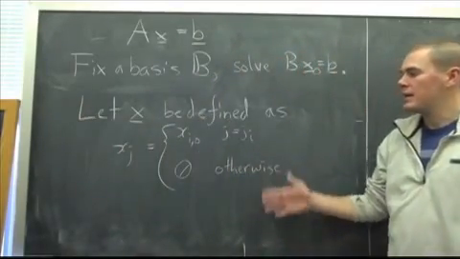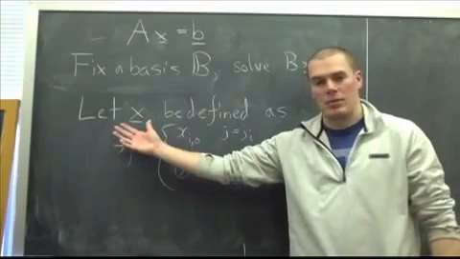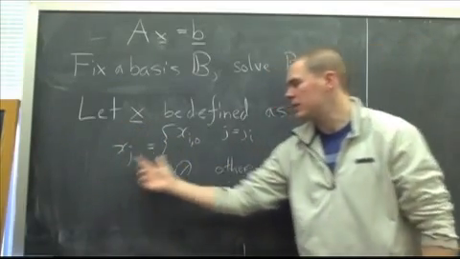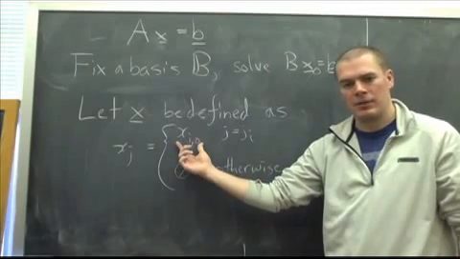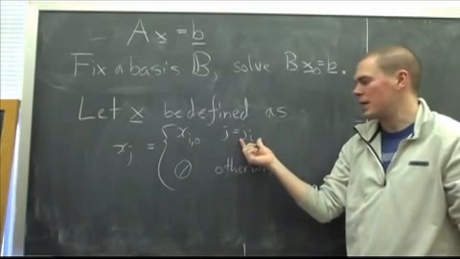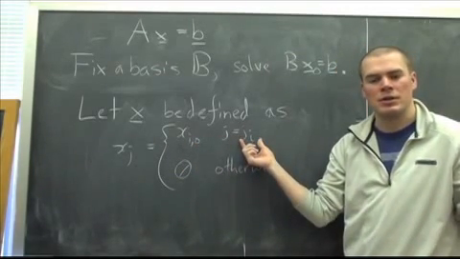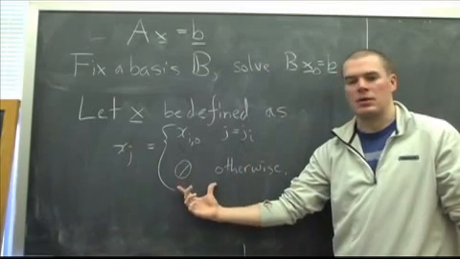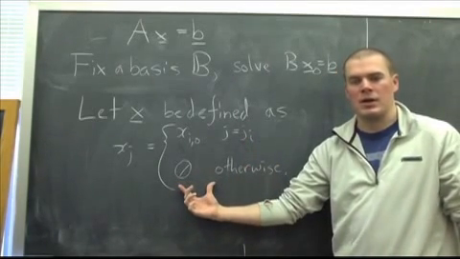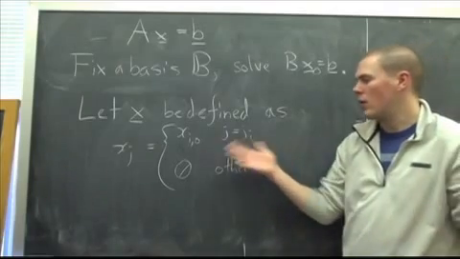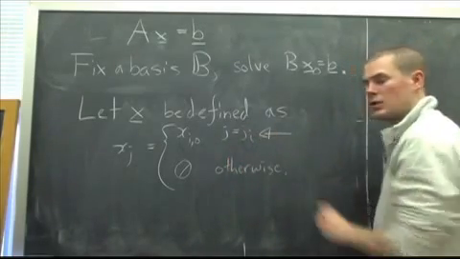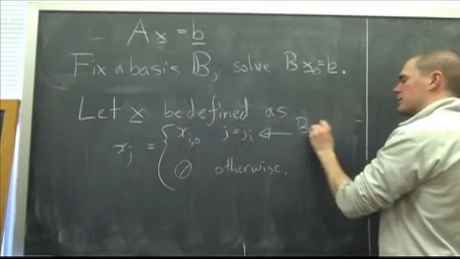So we can take our set of n variables and define it in terms of, well, the jth variable is either equal to xi^0 if j is the column corresponding to the ith column of our basis, or we let it be 0 otherwise. And in this way, I have all of my variables that correspond to this. We call these basic variables.